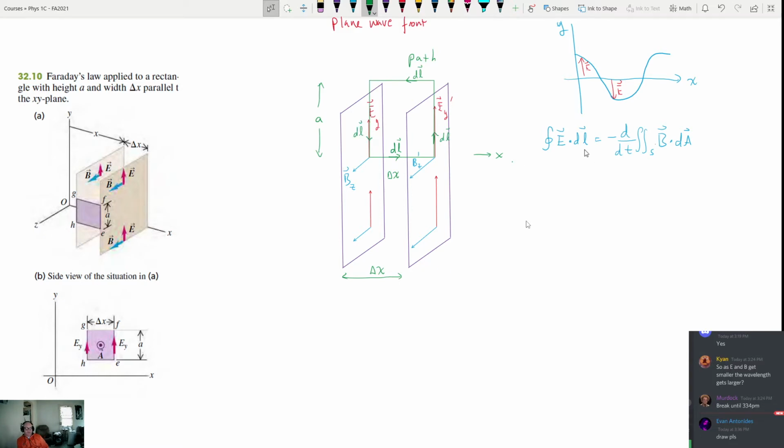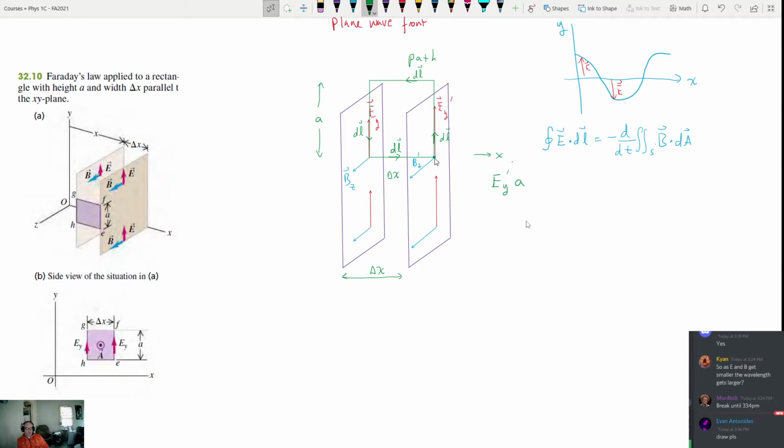So when I do E dot dl, let's start here, okay? Starting from here, I'm going to write Ey prime times dl. Because after all, on an individual wavefront, Ey prime times this length, my bad, this length, which is A.